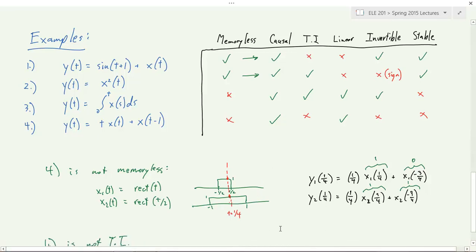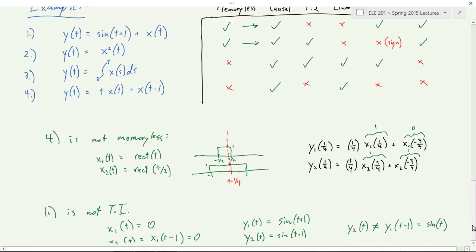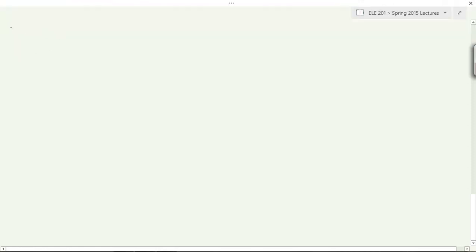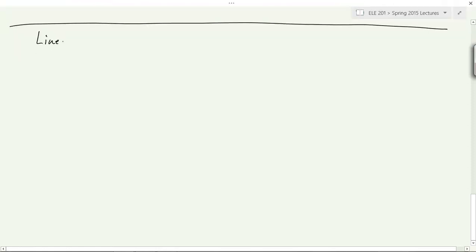Great. So now what we need to do is focus in on these properties we're really going to care about. We sort of care about all of them in different settings, but we're mostly going to focus on systems that have these two properties: linear and time invariant.